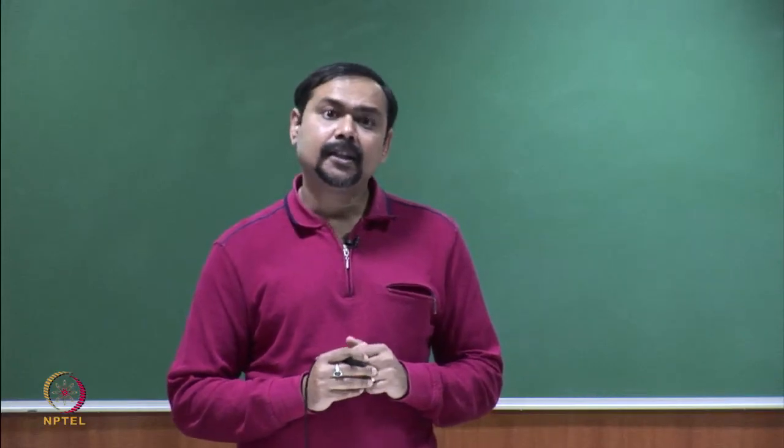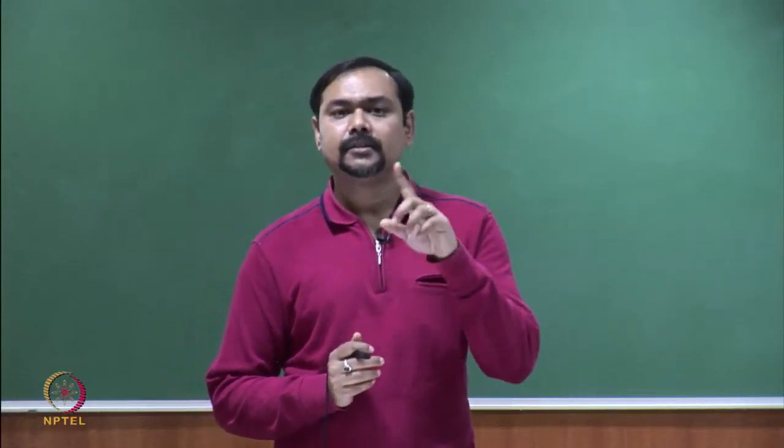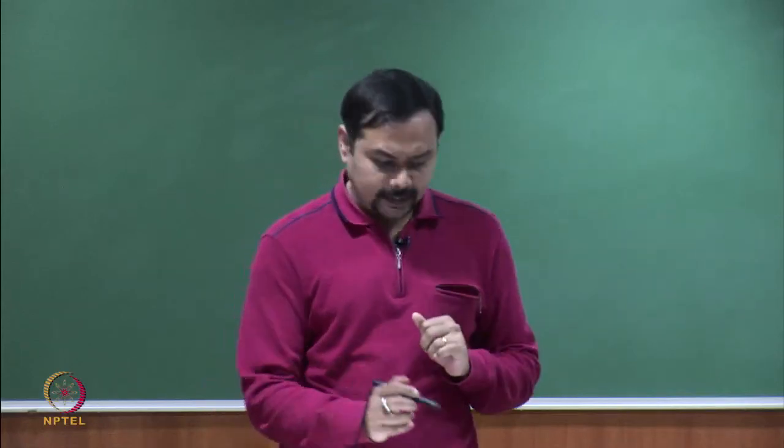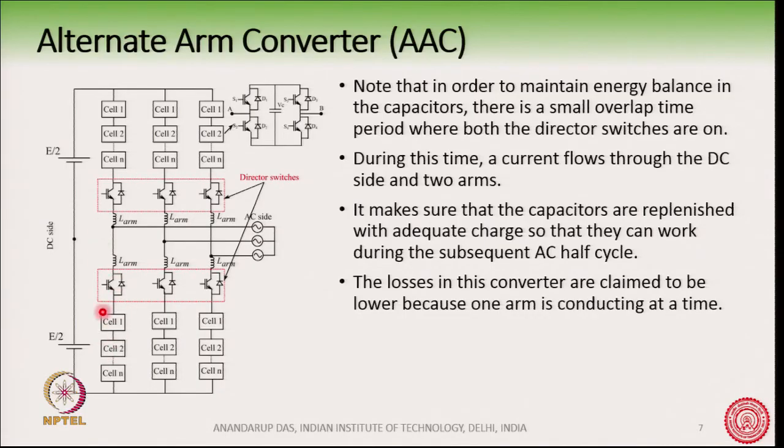In MMC, the DC circulating current was flowing continuously, and that is why we always had these two cells. The DC was flowing continuously.